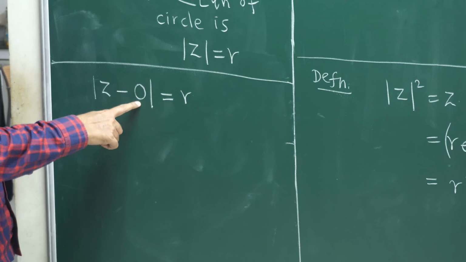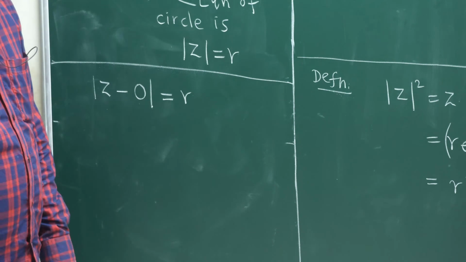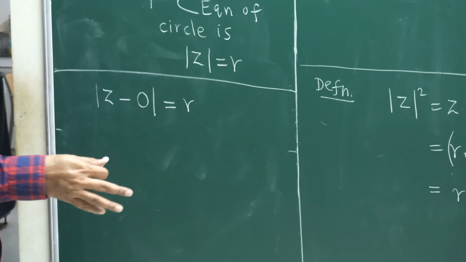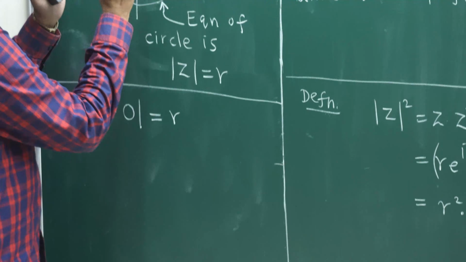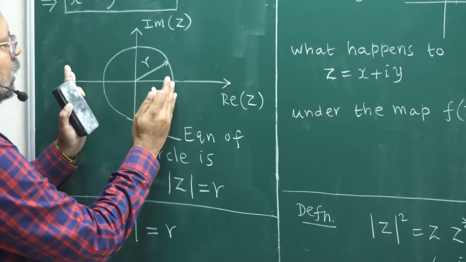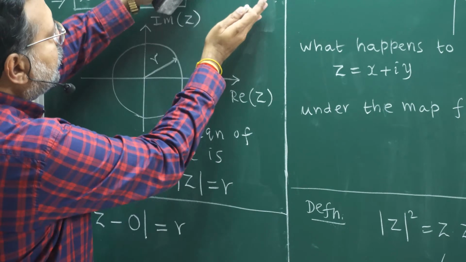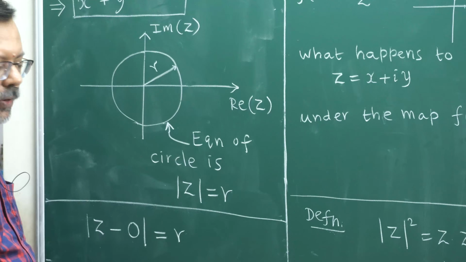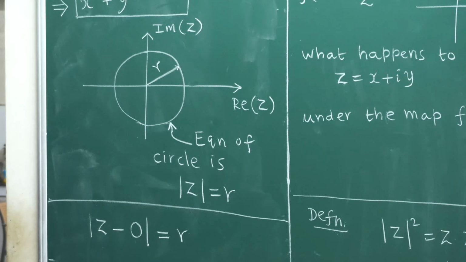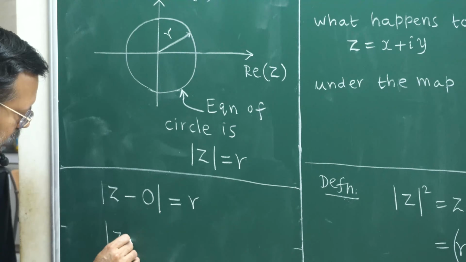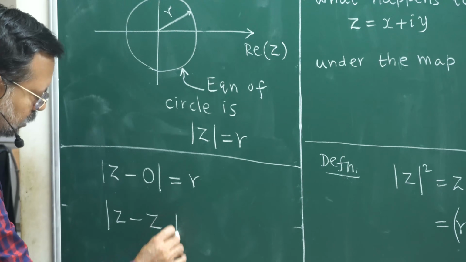So this tells you that 0 is the center of the circle. If 0 is not the center, see, you have this particular circle. I can move this to the right side, or to the top, or somewhere here. You can move the circle anywhere. In case you move the circle, then the equation of the circle will look like modulus of z minus z naught equal to r.